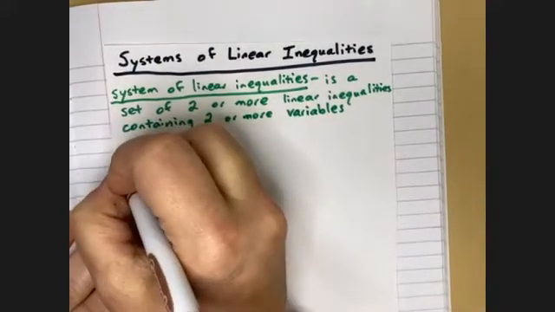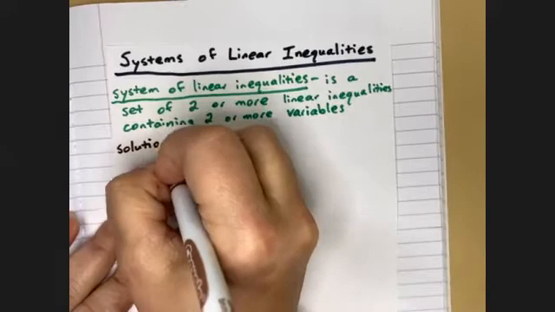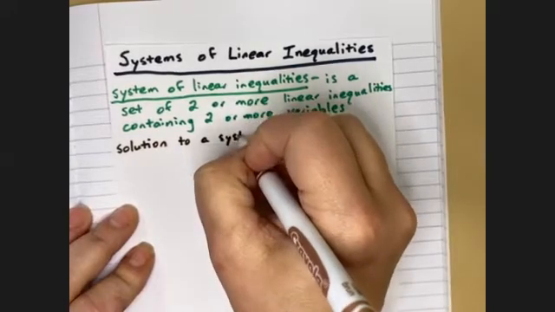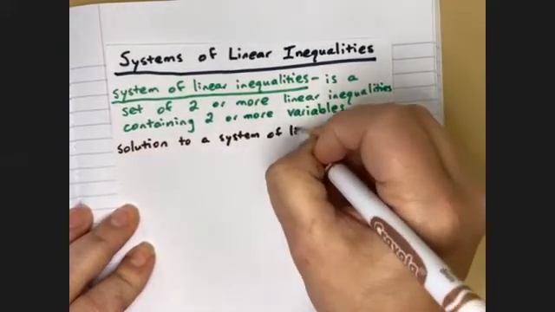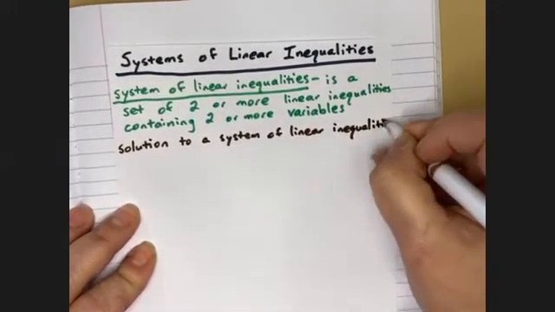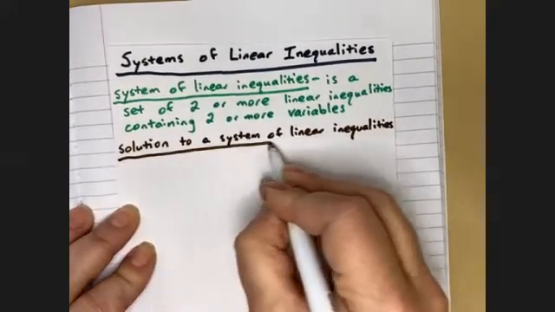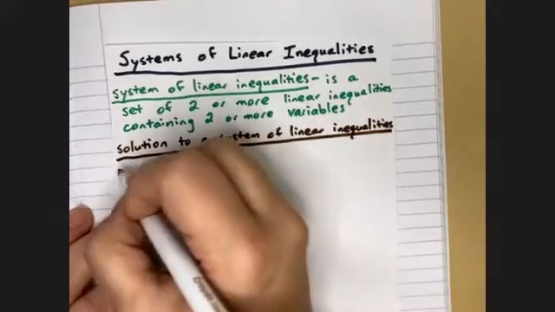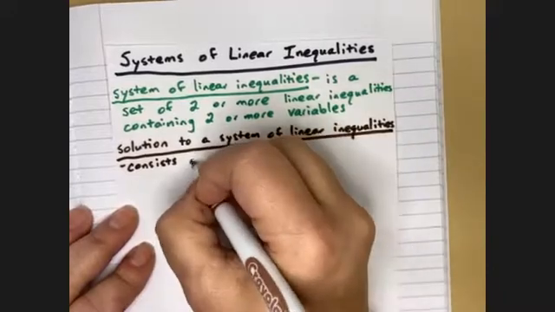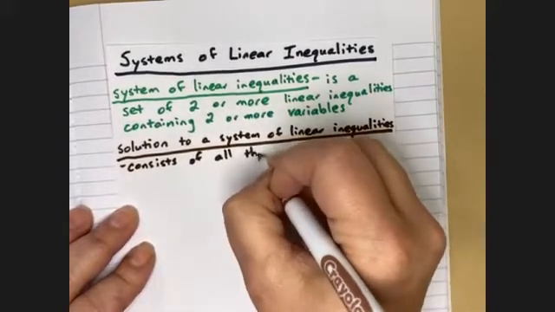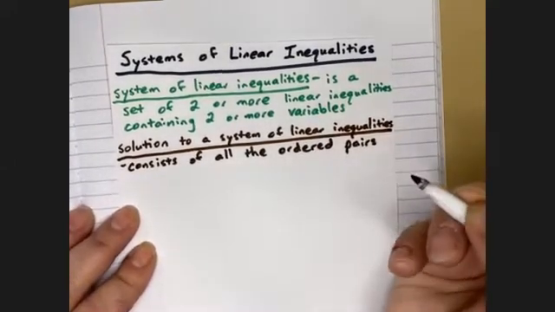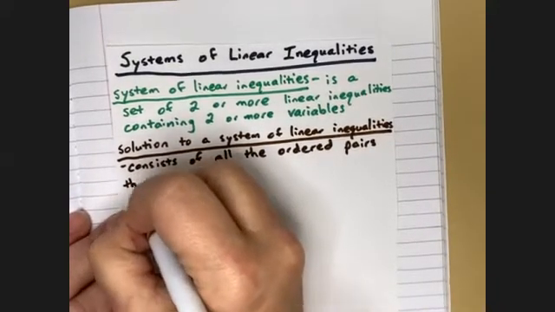So the solution to a system of linear inequalities consists of all the ordered pairs that satisfy both inequalities.